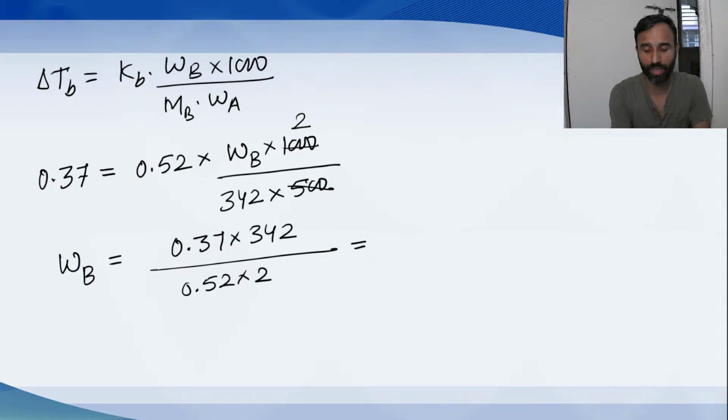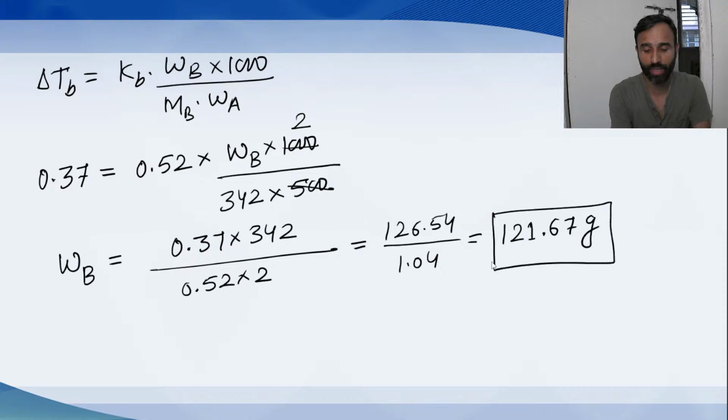So 0.37 into 342 over 1.04. So WB is 121.67 gram.